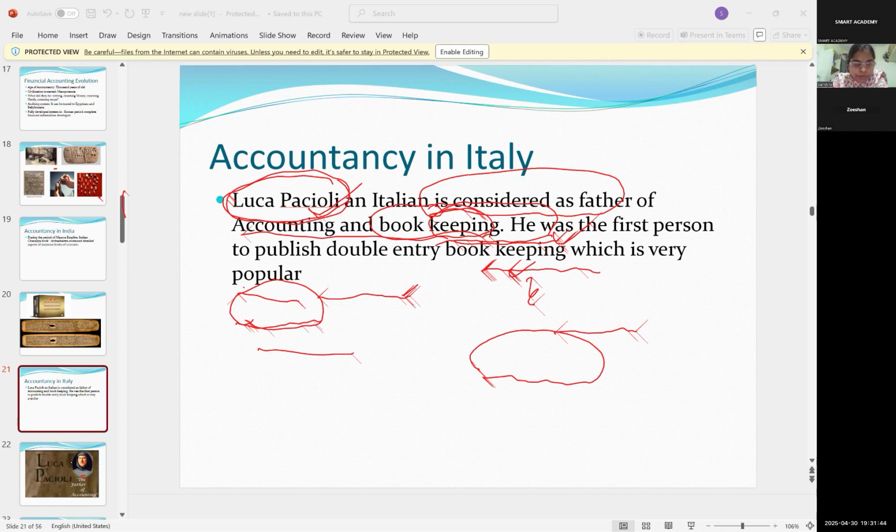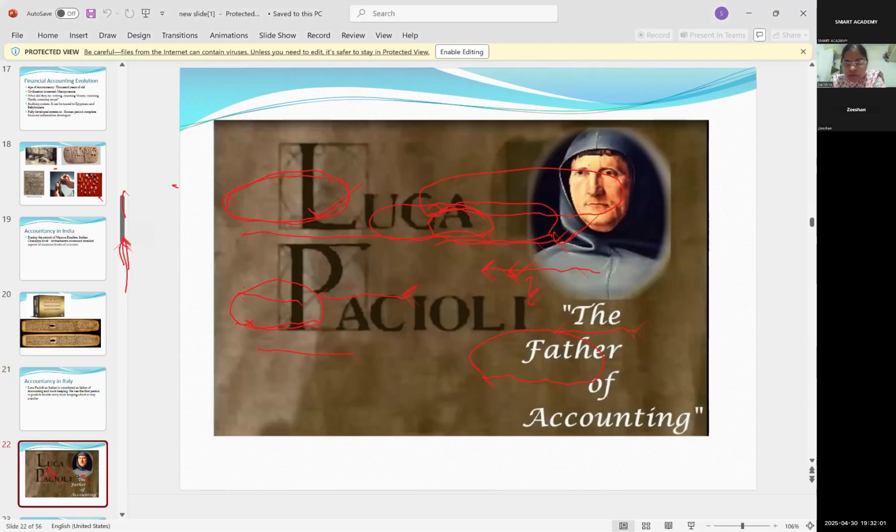He looks somewhat like this. So this is his face.